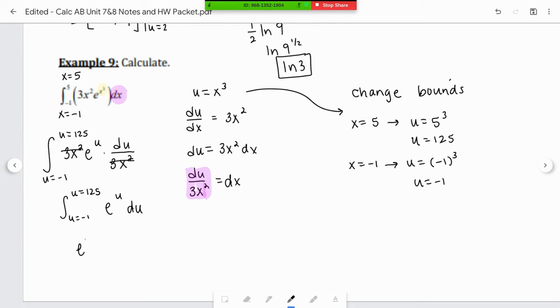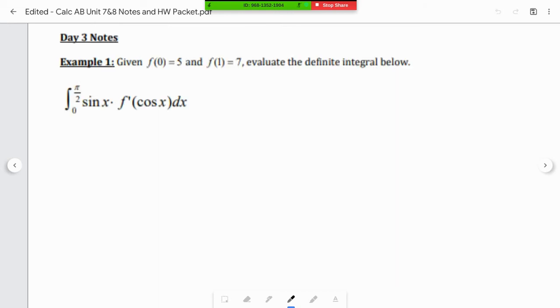So this is e to the u evaluated from -1 to 125. And so plugging those in, I have e to the 125 minus e to the -1. And you can't really simplify those because you're subtracting. And so you can't combine your exponents like you would if you were multiplying or dividing.